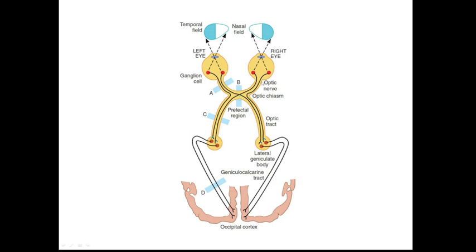The fibers from the temporal part of the retina follow the same side to reach the lateral geniculate body, but the fibers from the nasal part cross over at the level of the optic chiasma and reach the opposite side of the lateral geniculate body. So this is a partial crossing over of the nerve fibers, and after the crossing over, these nerve fibers are called the optic tract. This partial crossing over is called decussation.